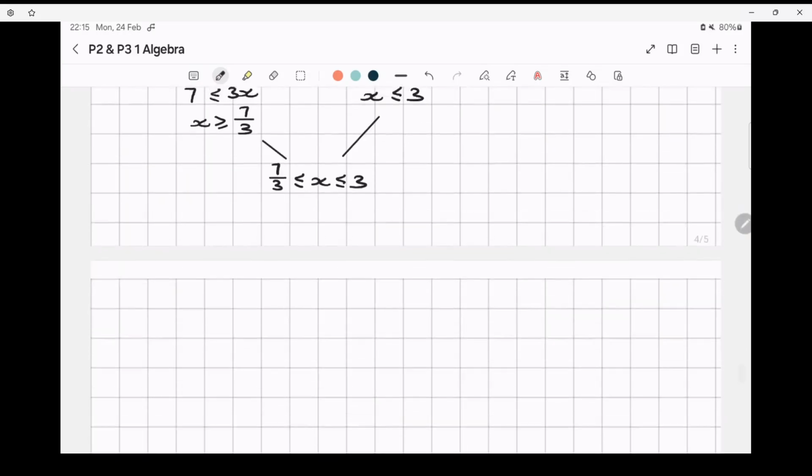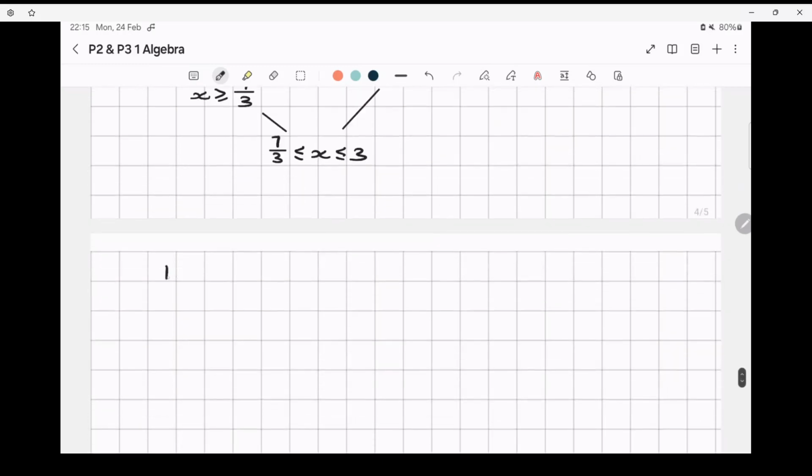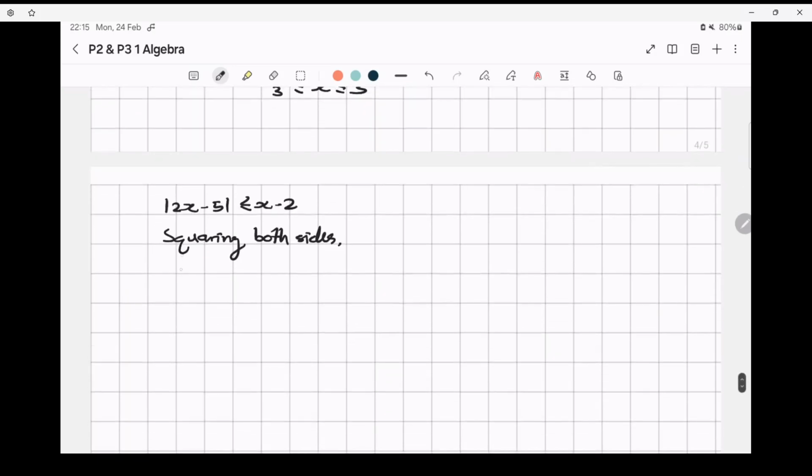So you have modulus 2x minus 5 smaller or equals to x minus 2. So you square both sides. So you will have 2x minus 5 square smaller or equals to x minus 2 square.